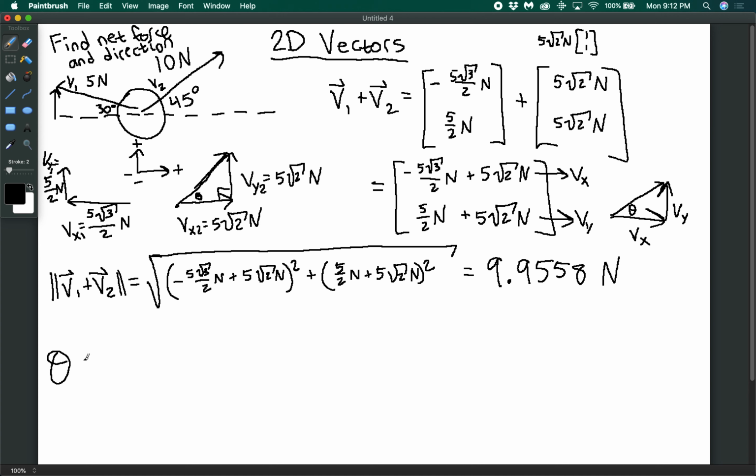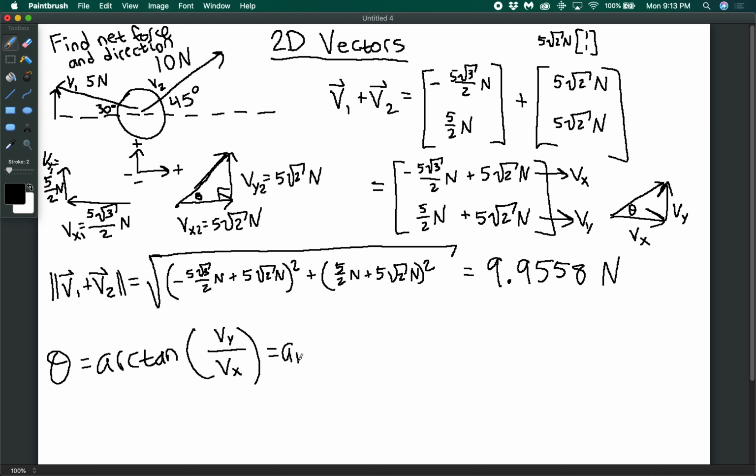I say that theta is equal to the arctan of the y component of my vector divided by the x component of my vector. And so the vector that I'm interested in is this net force vector. So the y component is going to be 5 halves newtons. I guess I should write that I'm doing the arctan here.